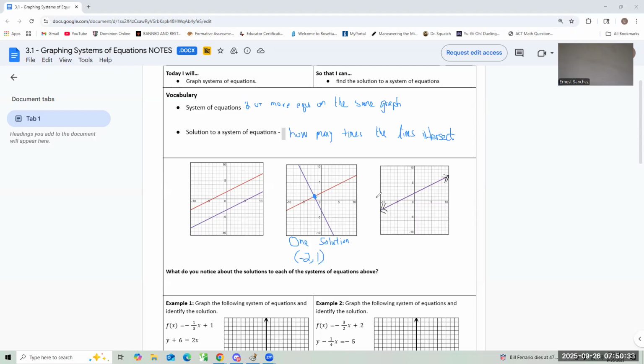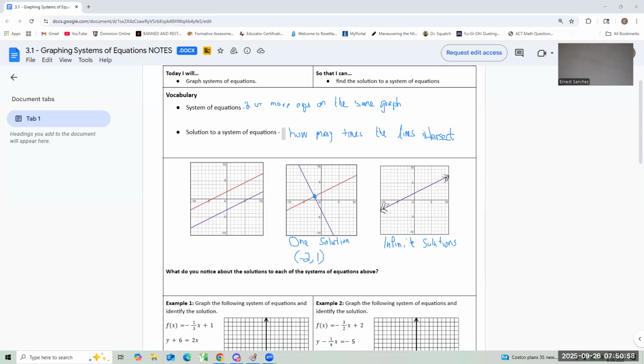Pretty simple, right? Now, the one on the right, if you notice, there are two lines overlapping. And this is actually infinite solutions, and I'm going to explain why. A solution is where they touch.